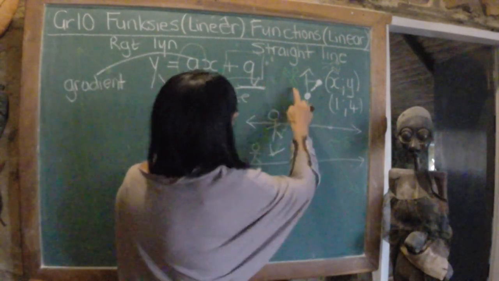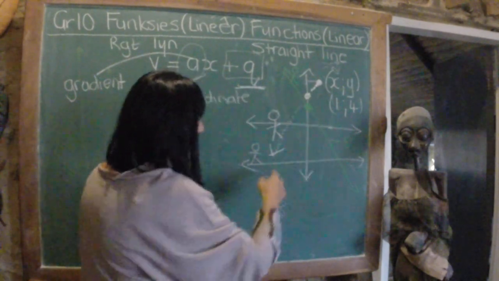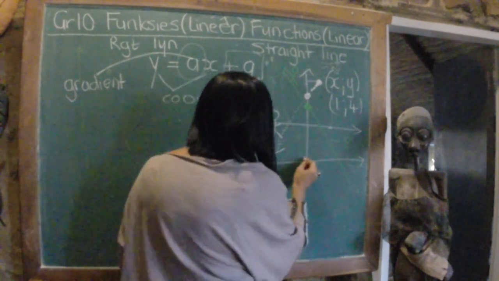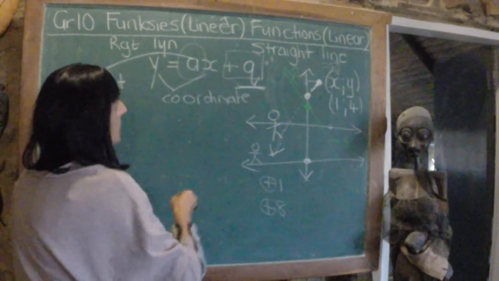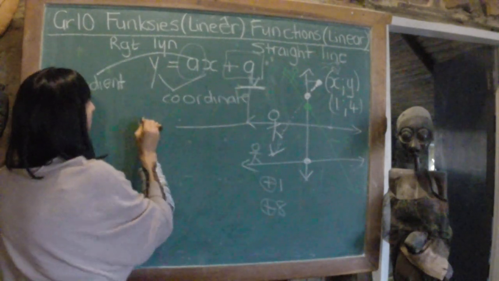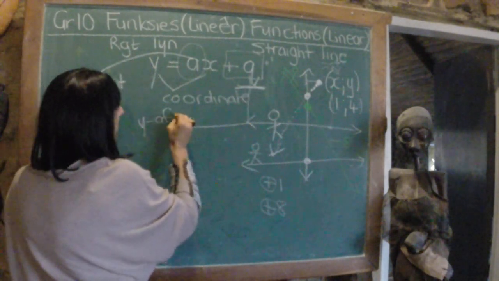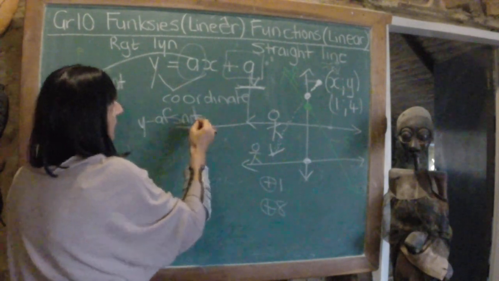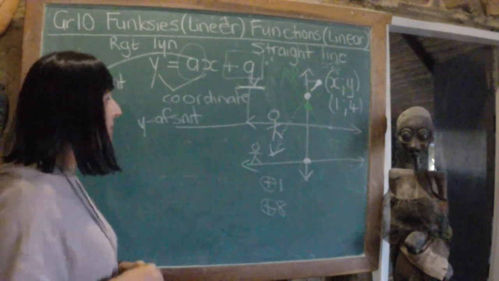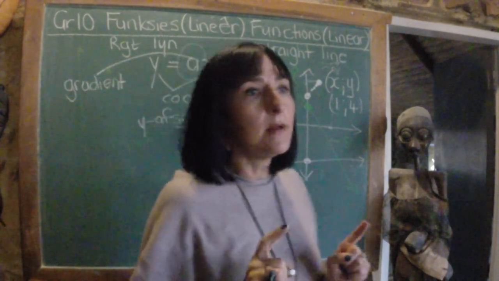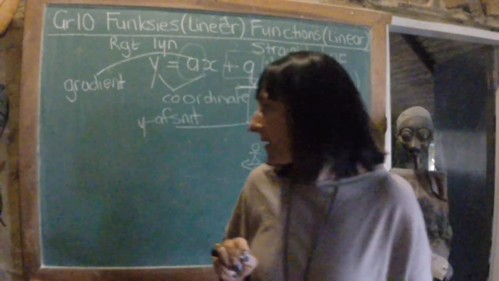So as jy kyk na hierdie groen lyn, daarso, die wit lyn daarso, hierdie ander wit lyn, that's my y-intercept, my y-afsnit. En dit is leerwerk graad 10 wat julle baie goed moet ken. So vandag gaan juffrou net vir jou 4 reguit lyne wys.